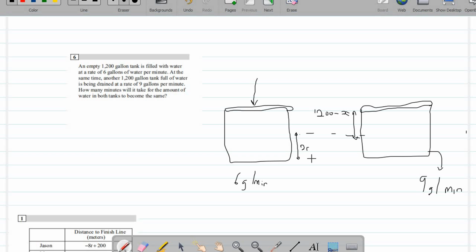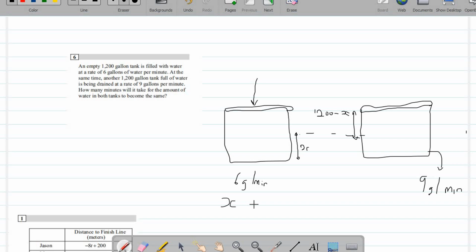So we're going to multiply it. This is 6 gallons per minute, and it's trying to cover x. Since we're looking for the time, since this is 6 gallons per minute and this is x, I want to get minutes per minute here.